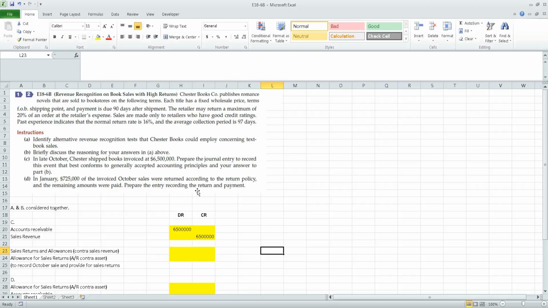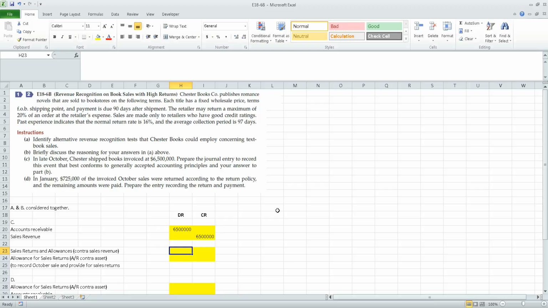So we take $6,500,000, we multiply it times this 16% return rate, and the result of that calculation gives us $1,040,000. Again, that's the 16% return rate multiplied times the amount of the sales of 6.5 million. So our best guess is that 1,040,000 out of these 6.5 million sales will be returned.